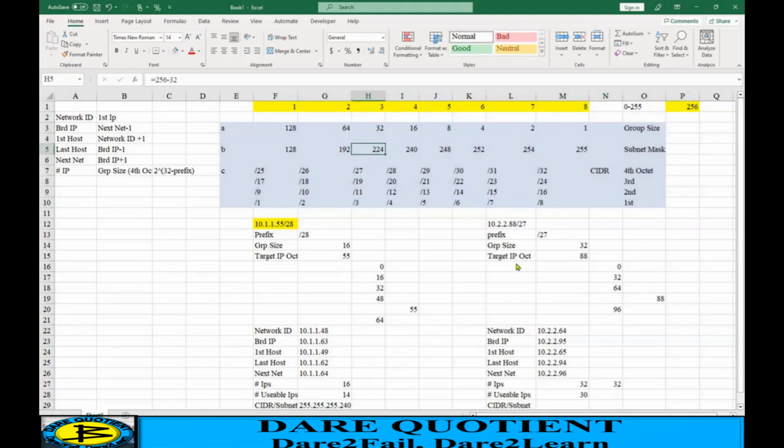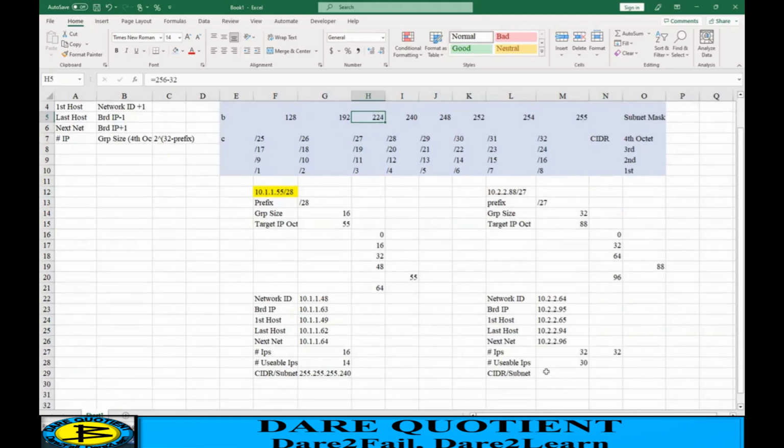We know we're dealing in the fourth octet, so we have nothing to do with the first, the second, and the third octet in this case. So those stay as 255, 255, 255. So we have 255.255.255.224. So this is how we get our attributes for this IP address.